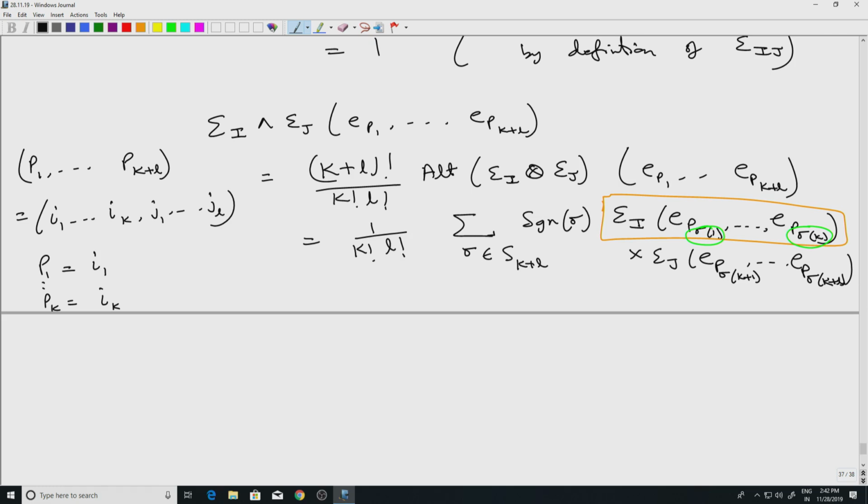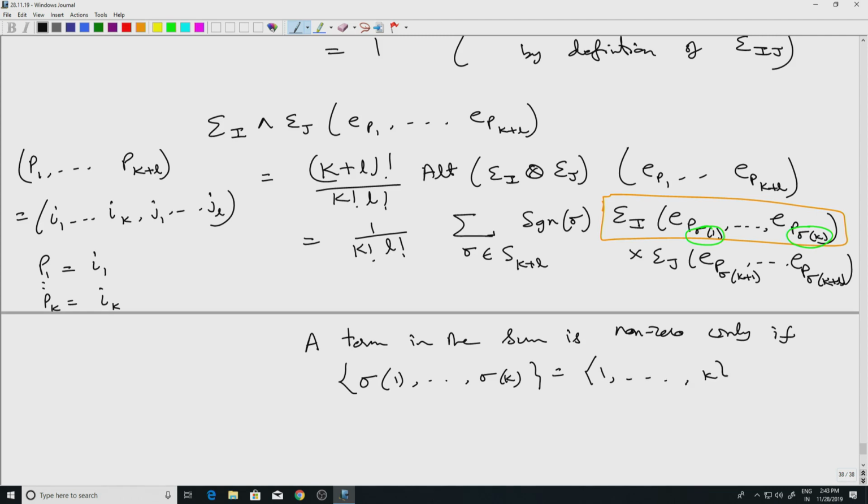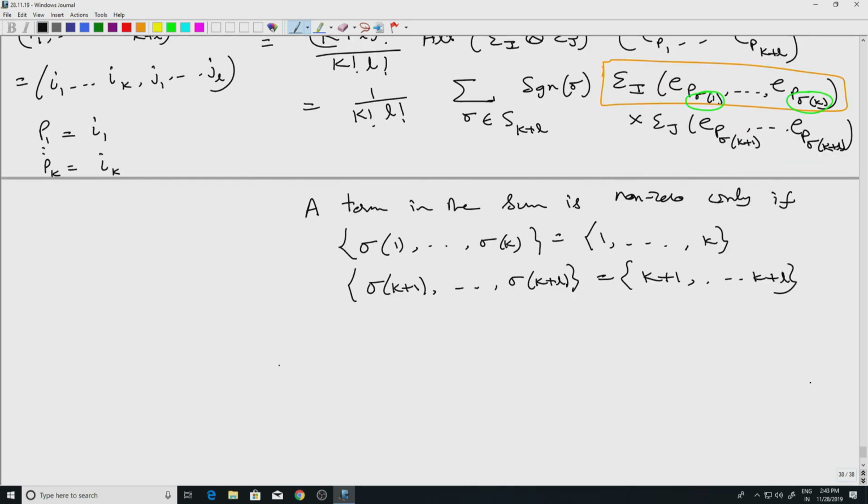So a term in the sum is non-zero only if the set sigma(1), ..., sigma(k) is the same as 1 to k, and sigma(k+1), ..., sigma(k+l) is the same as k plus 1 to k plus l as sets.